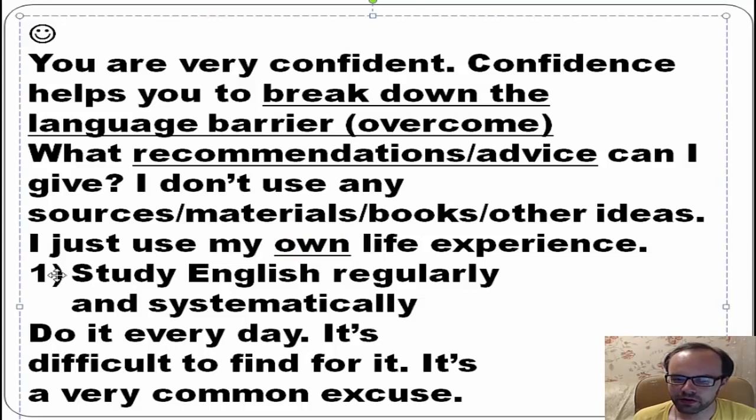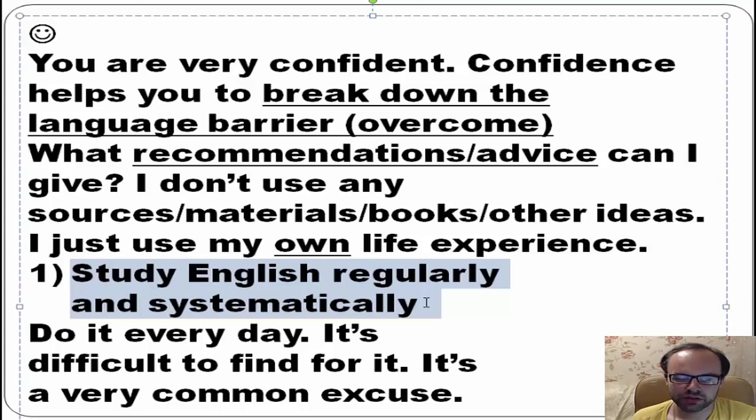So the first very important thing, study English regularly and systematically. So what is regularly? It means that you study it, for example, every day for an hour or for 2 hours, but you do it every day. So what is systematically? It means that you have a program, you have a plan.